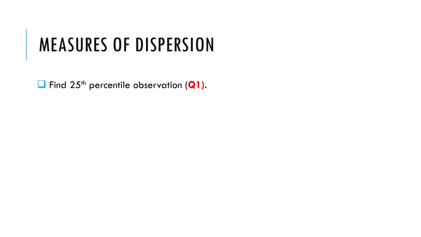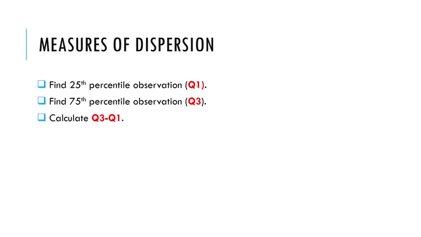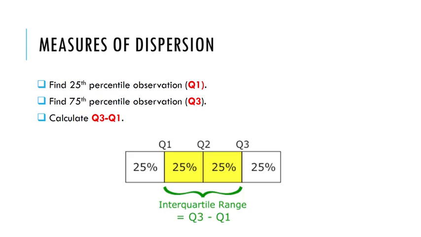Now, to find this interquartile range, we have to find the 25th percentile. That's the Q1 in our diagram. And we have to find the 75th percentile, Q3. Then we simply take Q3 minus Q1, and that's going to give us our interquartile range.